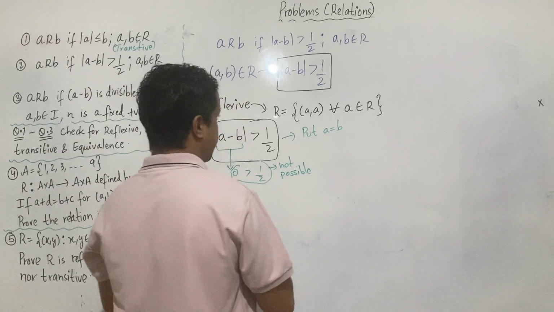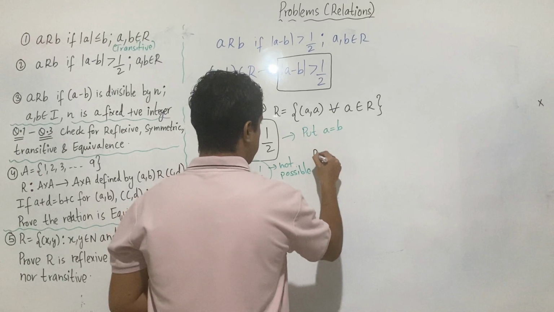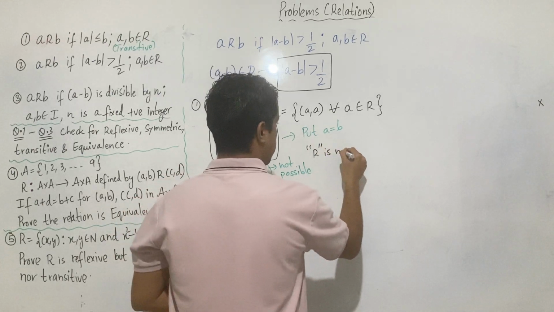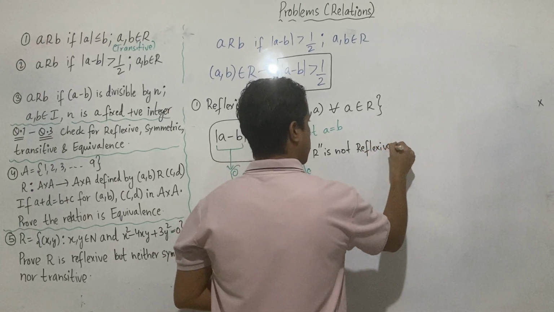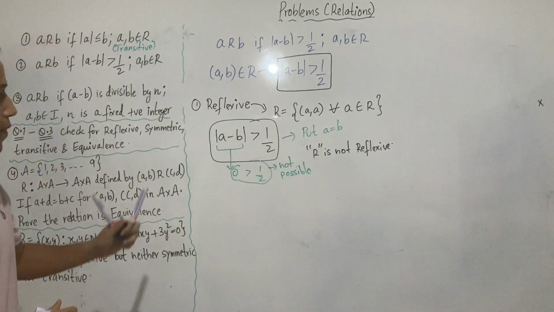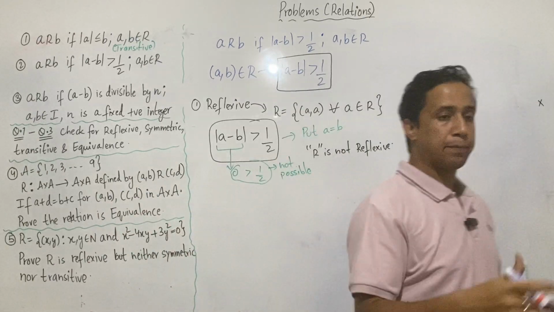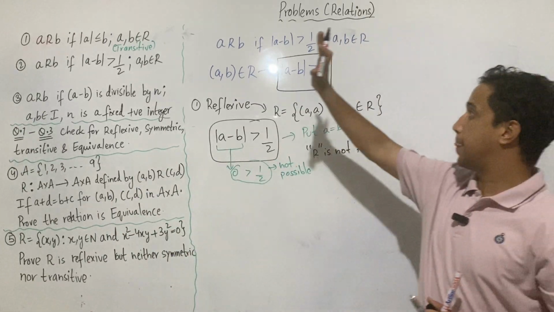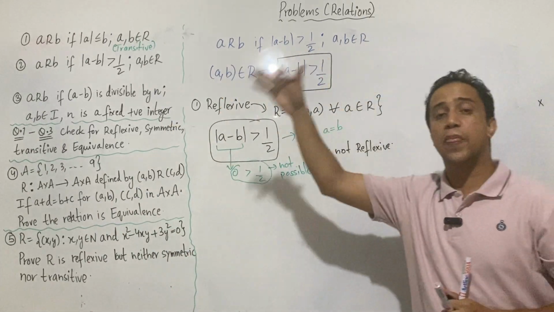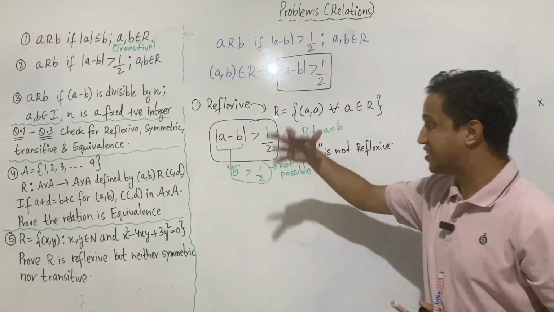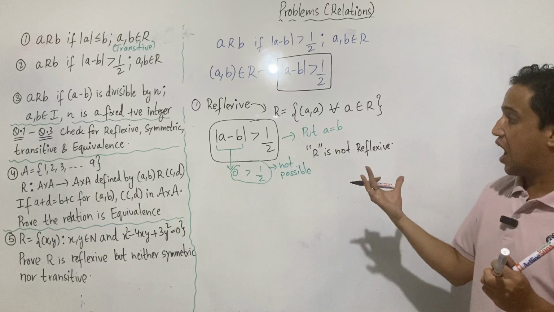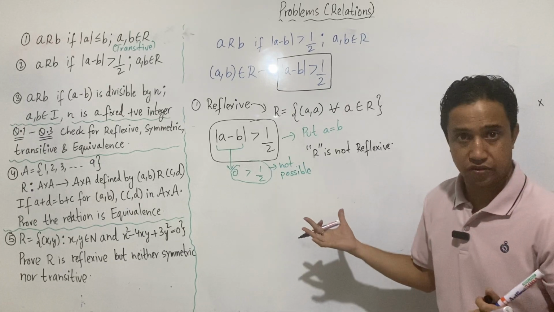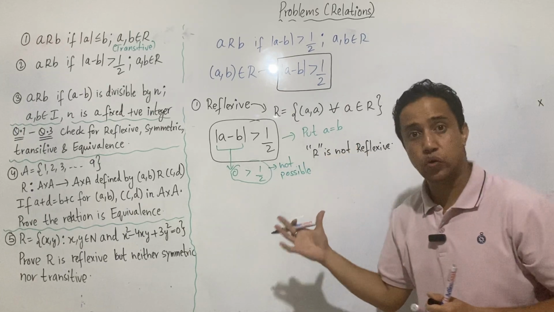It means that R is not reflexive, because when I try to map the elements in set A with themselves, they have to satisfy this condition, and I didn't get any element that is related to itself.